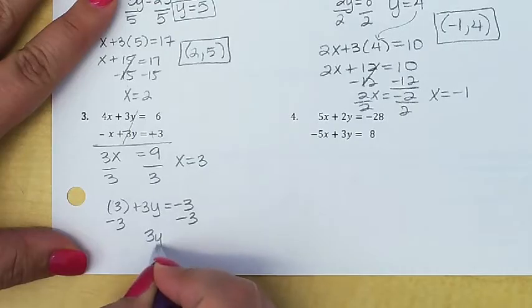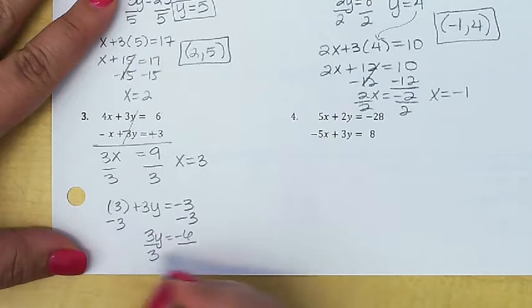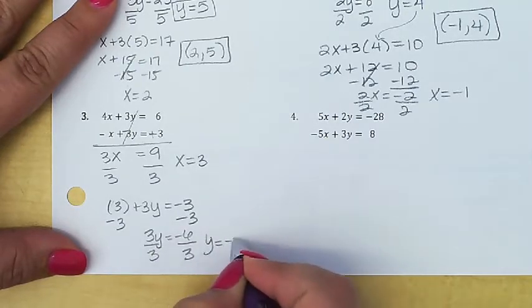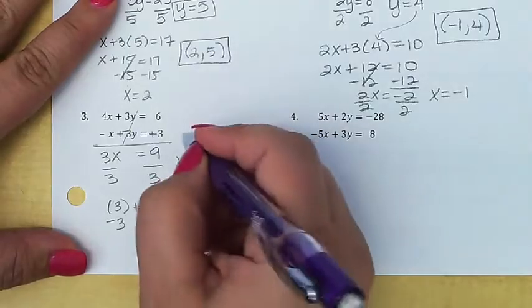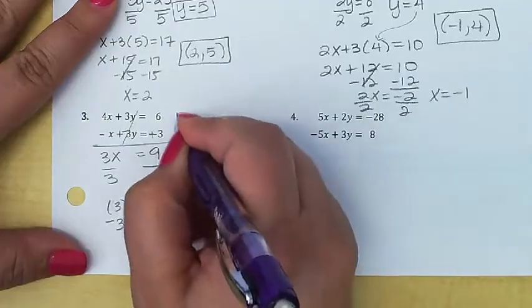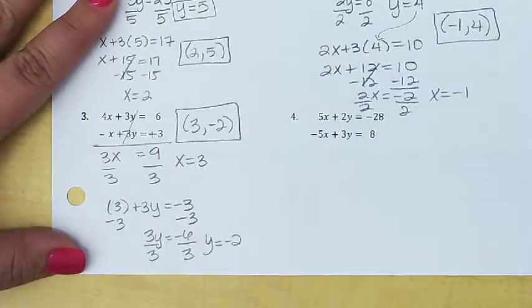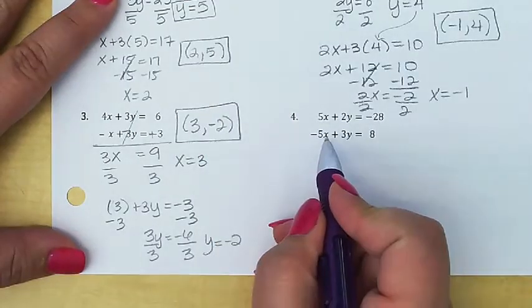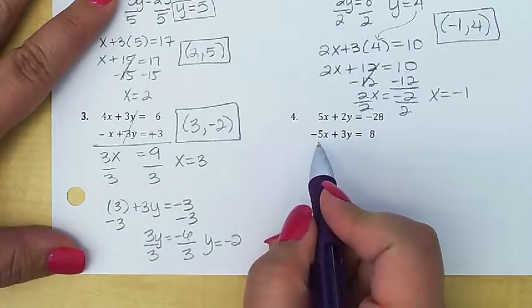So that's 3y is equal to -6, and then divide both sides. And it turns out that y must be a negative 2. So our ordered pair solution for this one was 3 comma negative 2. That's your solution. Okay, so that's the elimination method. Pause it here, try number 4 by yourself, and then press play.